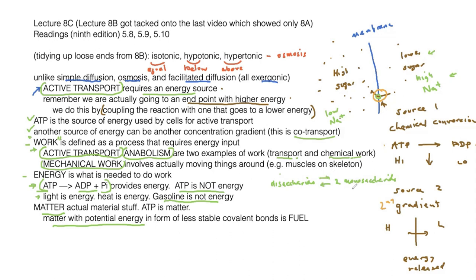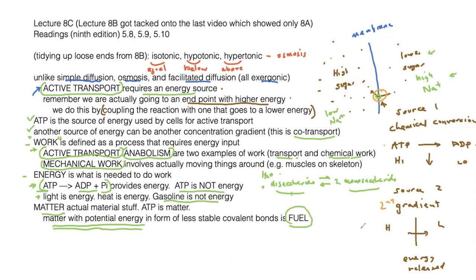Well, it's because the bonds in the two monosaccharides are somewhat more stable than the bonds that we have in the disaccharide and water. Right? And so if the energy stored in the bonds on the left side of the reaction is really pretty great, we would say there's a great deal of potential energy in those covalent bonds. The matter that has those covalent bonds would be considered fuel.